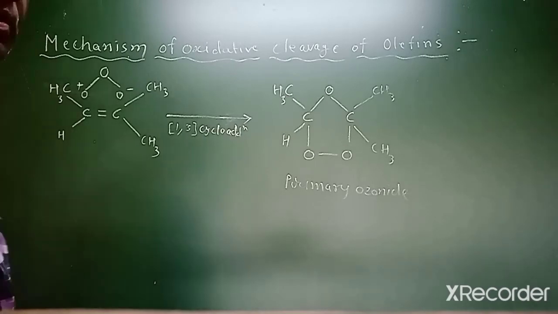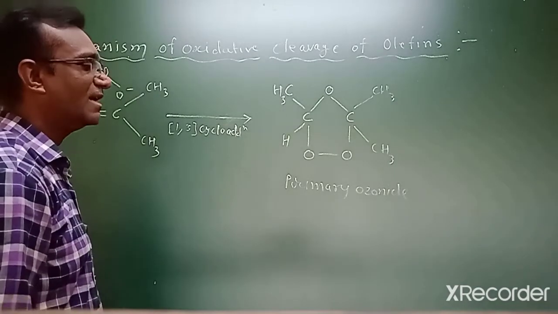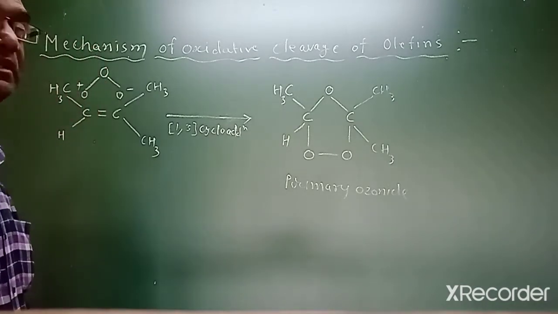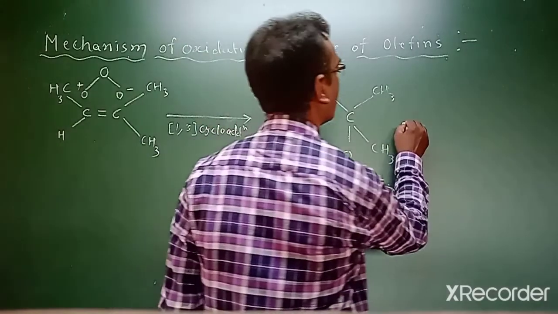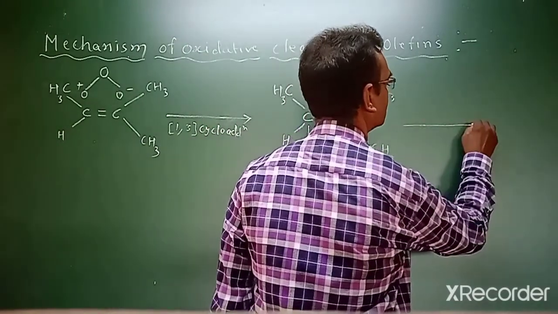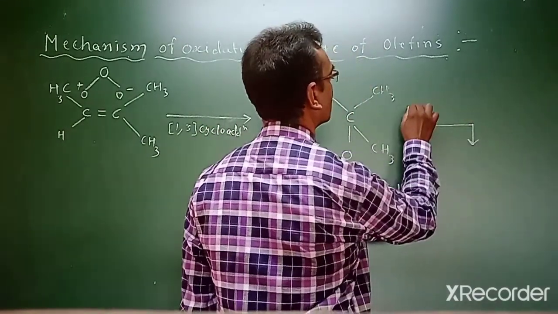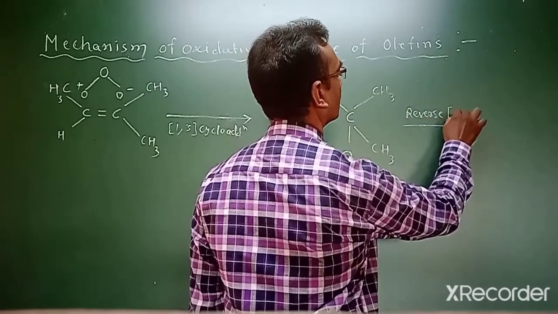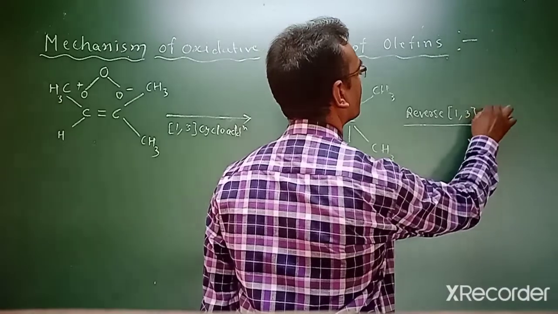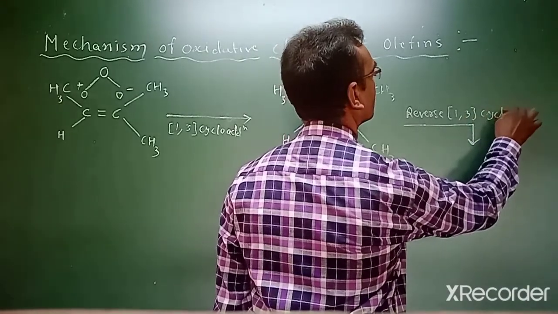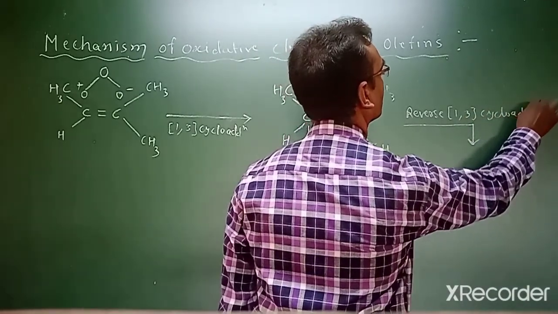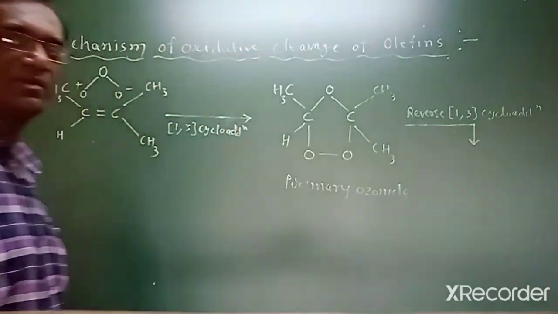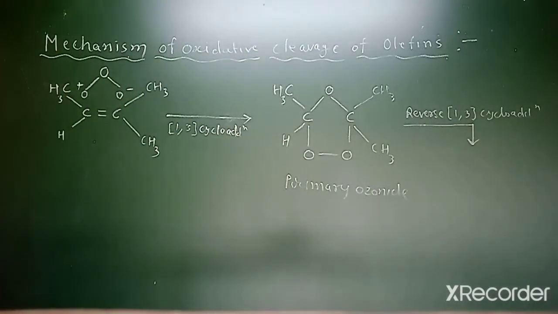Let us see how the carbonyl compound and carbonyl oxide are obtained. Reverse 1,3 cycloaddition reaction now takes place.